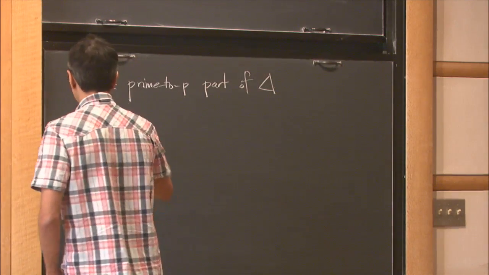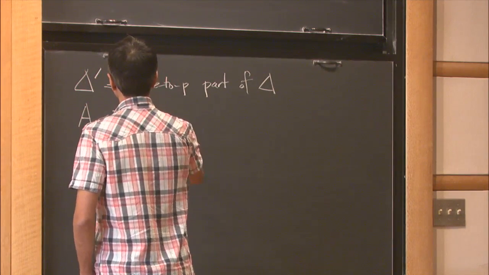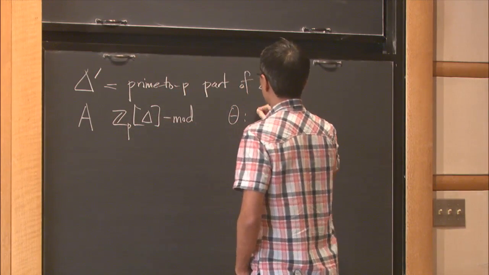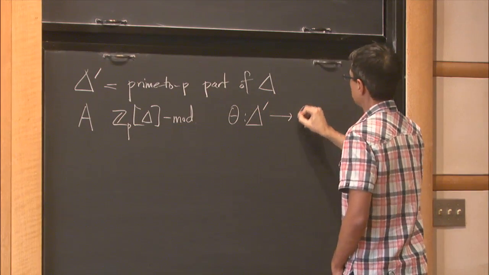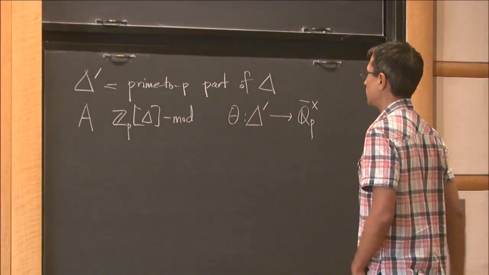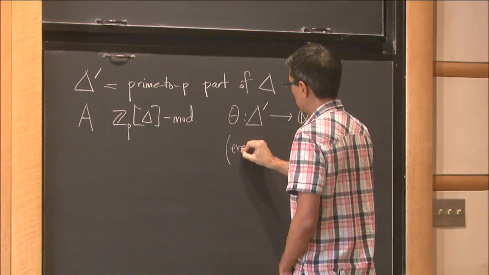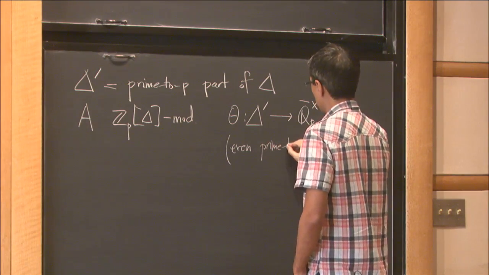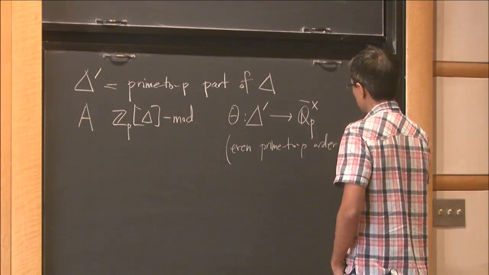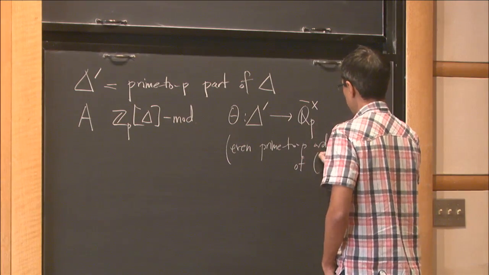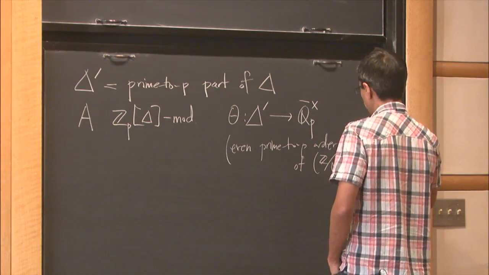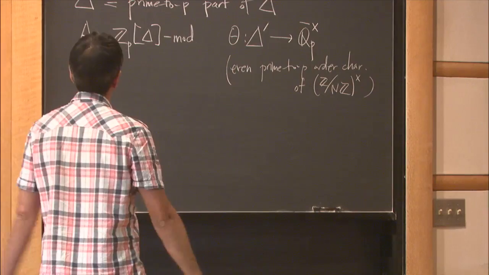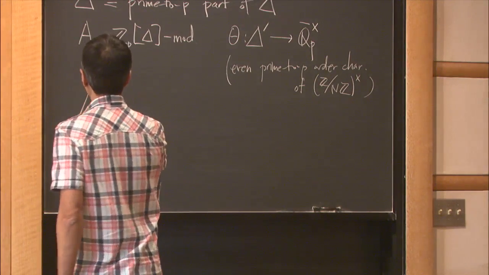So if I have a Z_p delta module A, and I have a character of delta prime, a p-adic character, which is the same as, if you like, an even prime to p order character of (Z/nZ)^×, so it lands in some unramified extension.